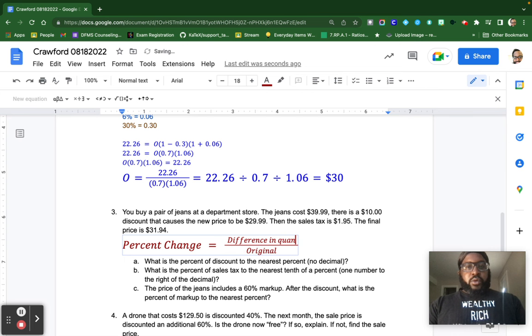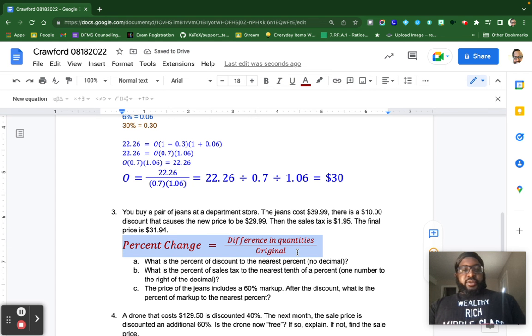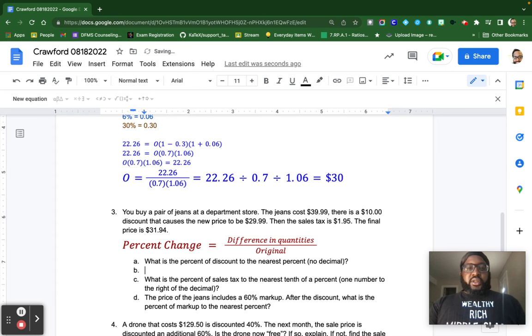And I'm going to be more general. So the quantities are the amounts. In this case, it'll be the difference in prices. All right. So for instance, with part A, I need the difference in the prices. So we want to find what is the percent discount.